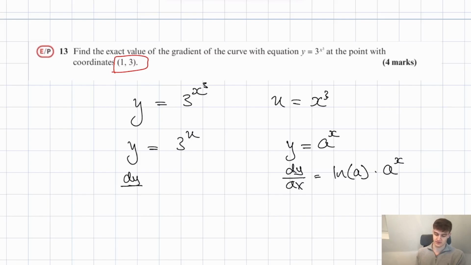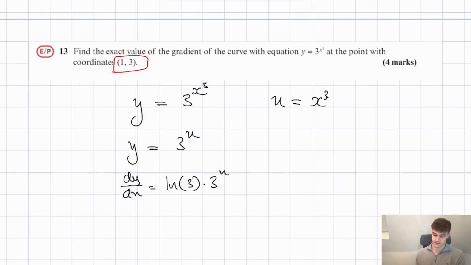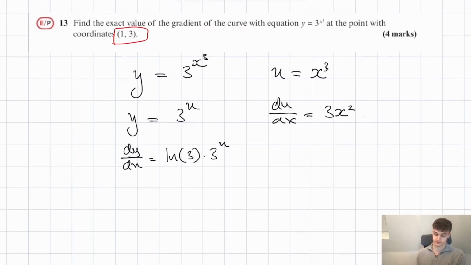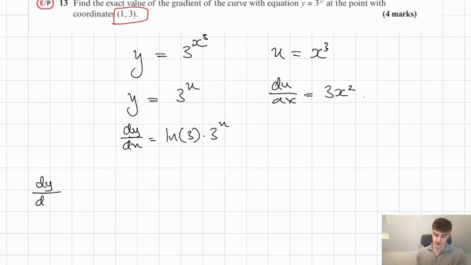So here we have dy by du is going to be ln 3 times 3 to the u. Okay. du by dx is going to be 3x squared. And again, dy by dx is equal to du by dx times dy by du.